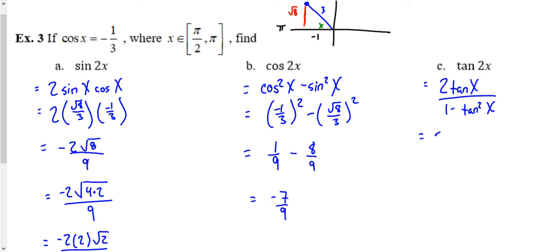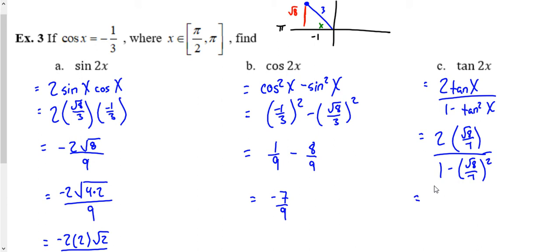So we have 2 multiplied by, and of course tan is your opposite over your adjacent, so that's going to be 2 multiplied by root 8 over negative 1, all of that's divided by 1 minus, again, tan here is root 8 over negative 1 all squared.